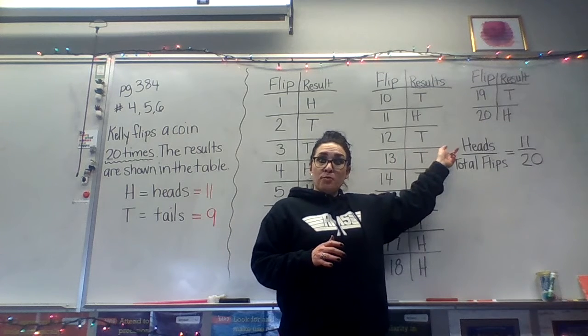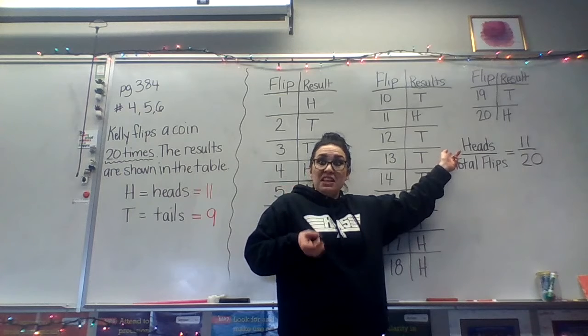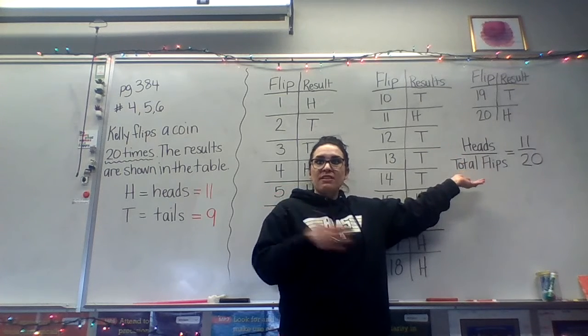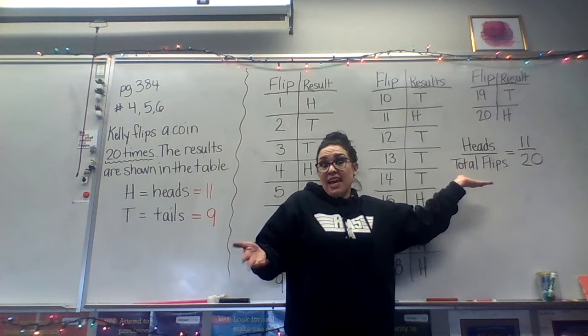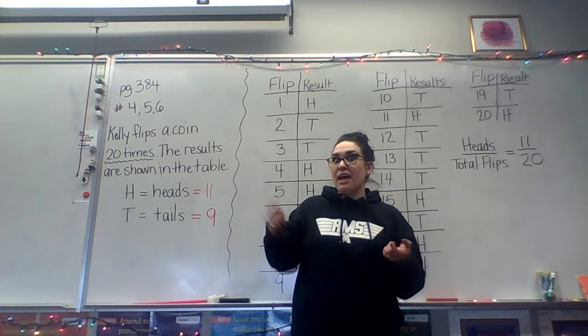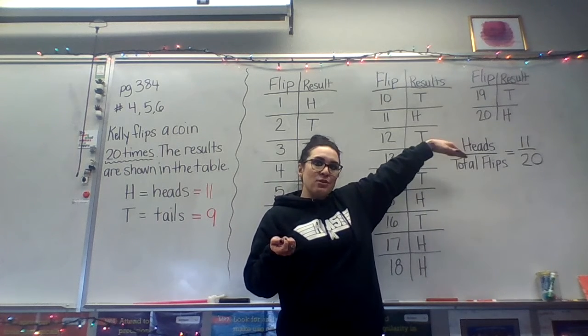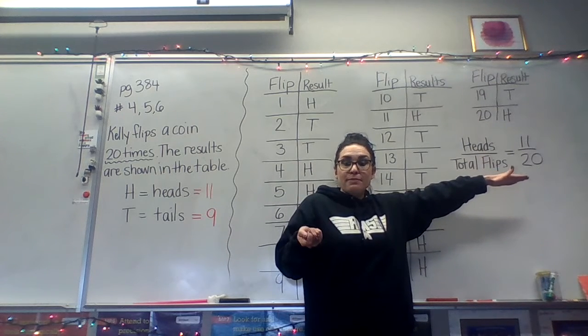The numerator, the top, is how many times a certain outcome happened, like how many times heads came up on top. And the bottom is the total number of times that this experiment actually happened. In this case, the total number of times that Kelly actually flipped that coin, right? So 11 times heads was the winner out of a total of 20 times that coin was flipped.